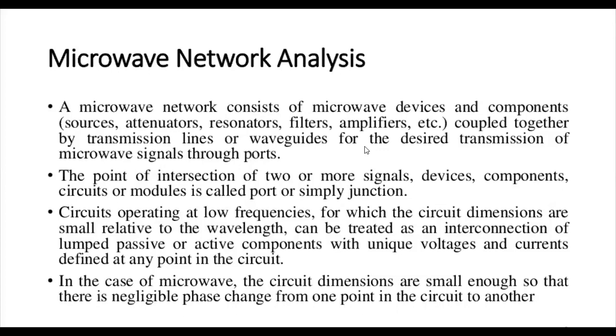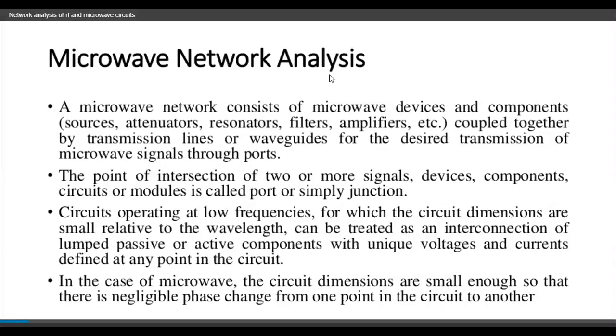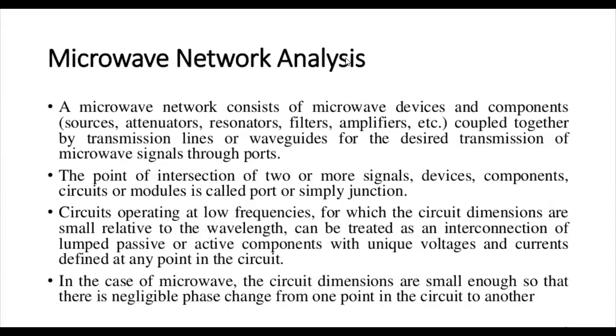Those are two things which you already know. So when there is a low frequency network, input and output variables will be voltage and current, which can be related in terms of impedance, that is Z parameters, admittance, Y parameters, as well as hybrid, that is H parameters.